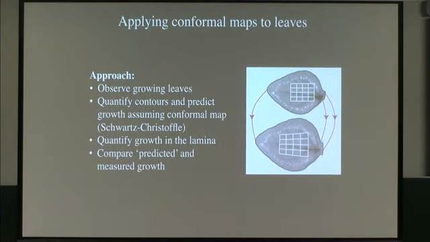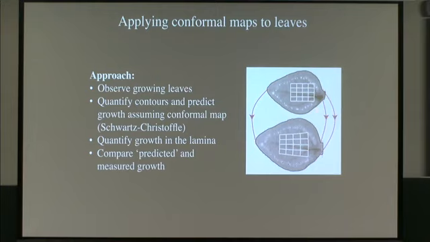So what we did, we looked at growing leaves. These are older leaves from another species, Petunia. We digitized the contours, and at later stages, we can follow their growth. So we can follow the contours plus 3 landmarks, define the conformal map from the contour and the landmarks, and then compare the conformal map to the actual growth.